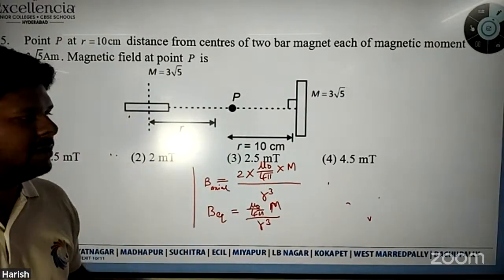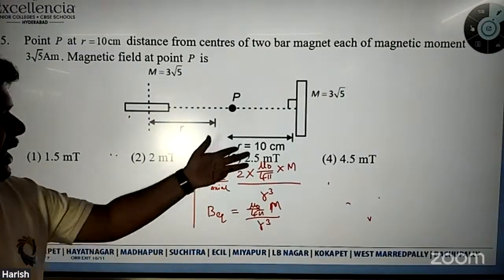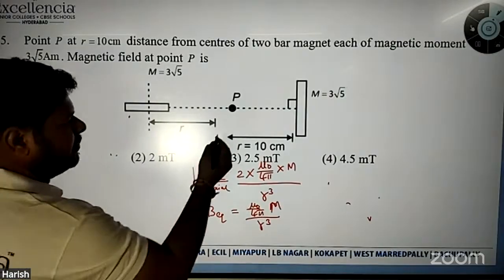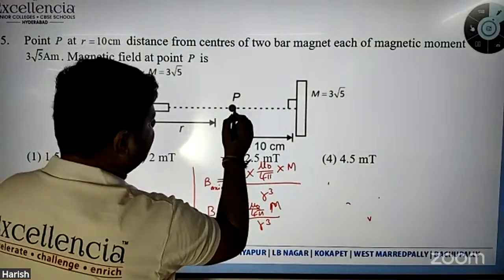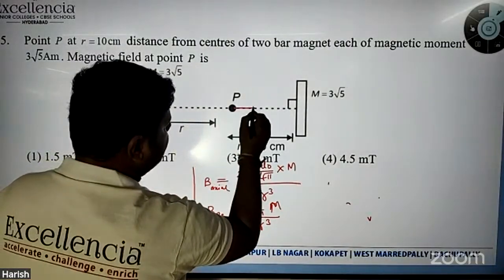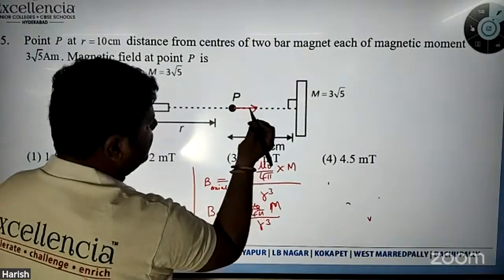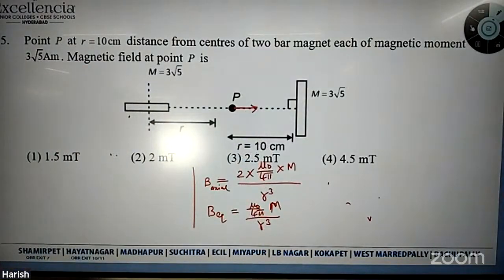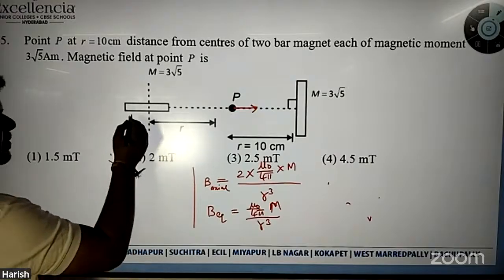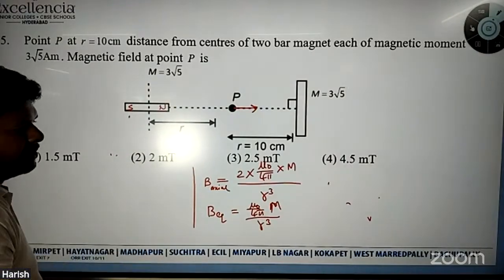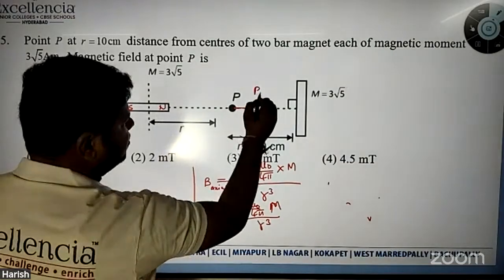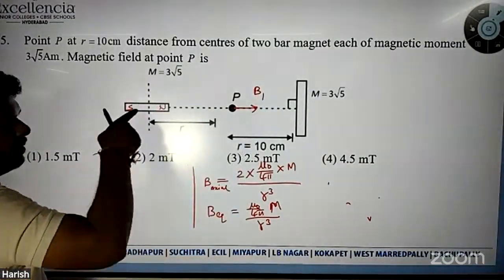Let us use this formula. For distance R, they have given 10. But whatever the direction of magnetic field, I said it will be in the direction of the dipole. Assuming this is south, this is north. This is taken as B1. So field due to this particular bar magnet.